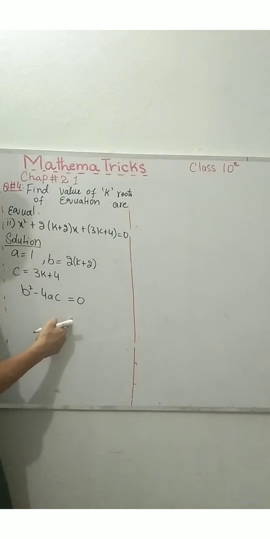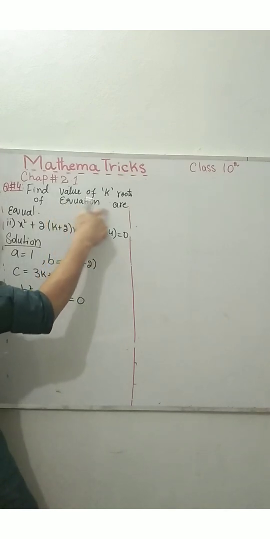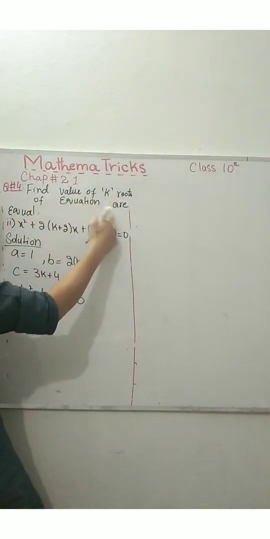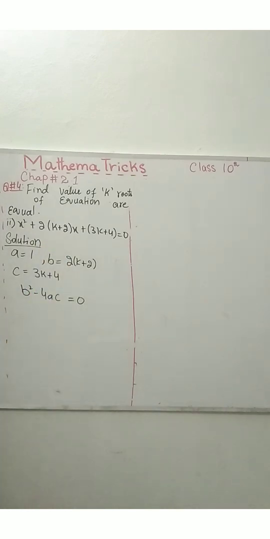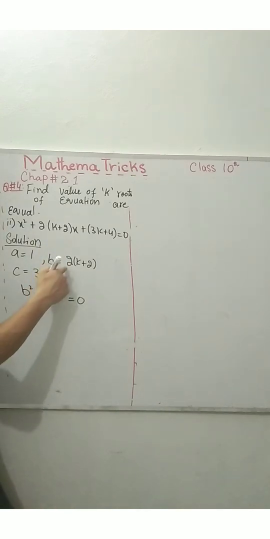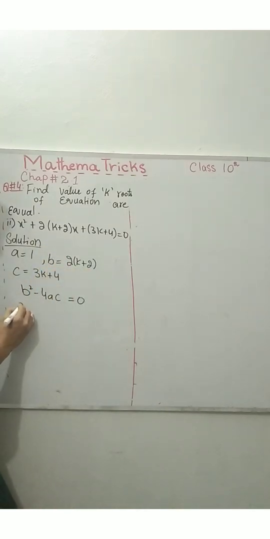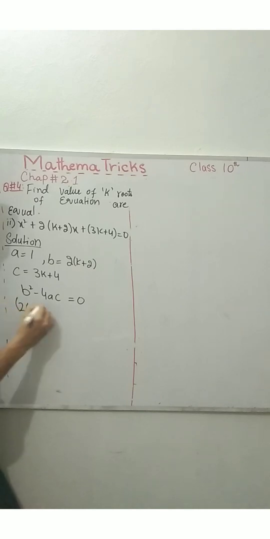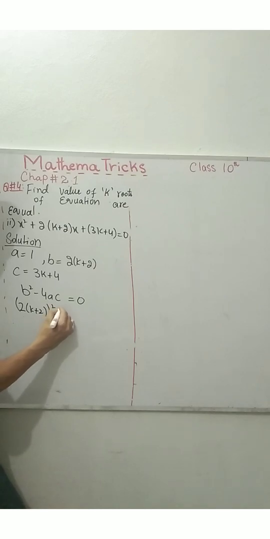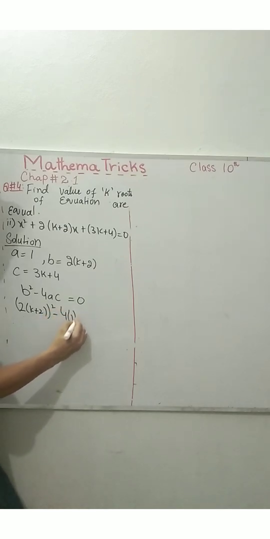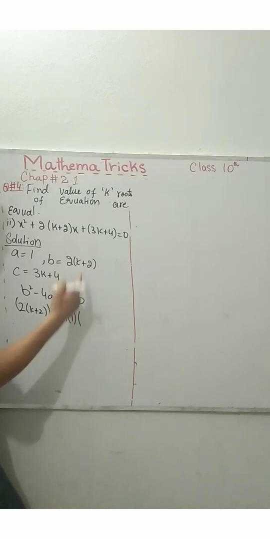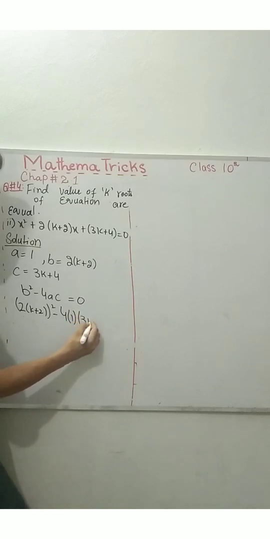Why equal to 0? Because the roots of the equation are equal. Just put in the values. b square is 2 into k plus 2 whole square, minus 4 into a, which is 1, into c, which is 3k plus 4.